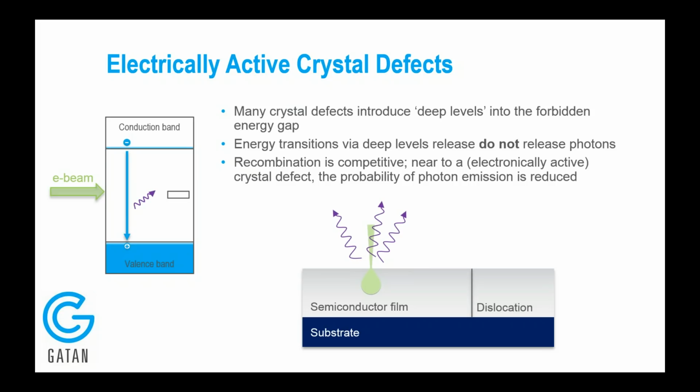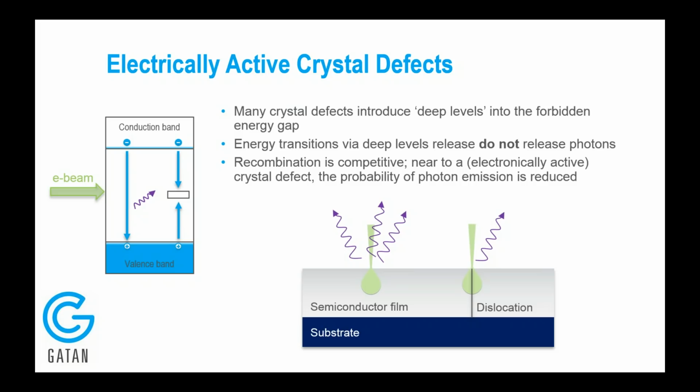However, if we now move to a region of the sample where there is a dislocation, the dislocation acts as a deep level, and we now have a competitive recombination event, and only some of the electron hole pairs that the electron beam generates will recombine to give a photon. And so we get much fewer photons close to a dislocation.